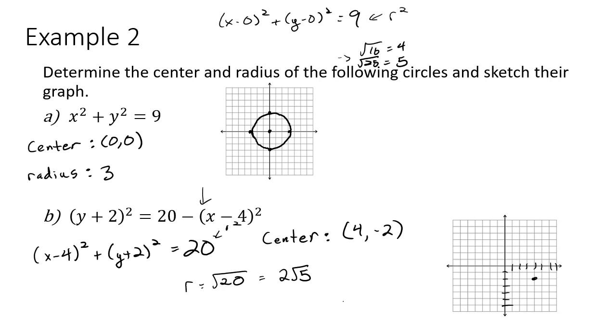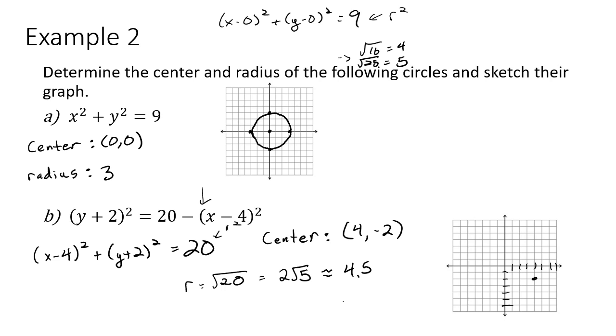So since 20 is in between these, this is probably going to be in the neighborhood of 4.5. And plugging this into a calculator, that was pretty close. This is 4.47. So if I rounded it to 1 decimal place, it would be about 4.5.